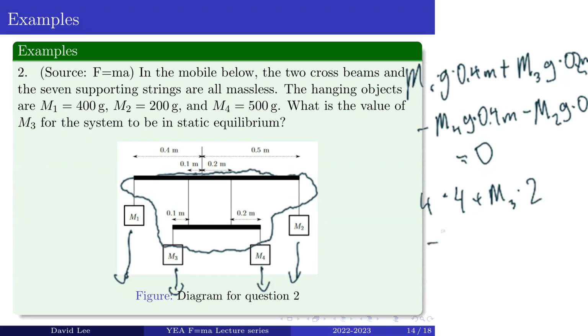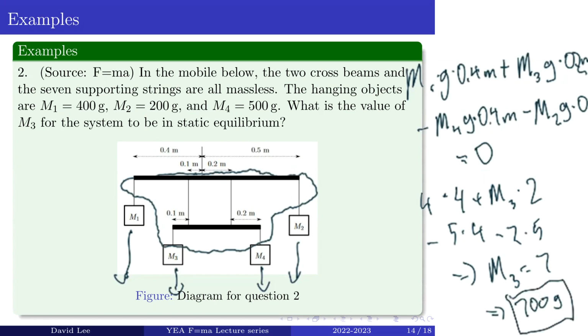We have M4 is 500 times 0.4 meters, and M2 is 2 times 0.5 meters. If we solve this, we'll get M3 should be 7, which corresponds to 700 grams in our weird unit system. So that's our answer. Cool.